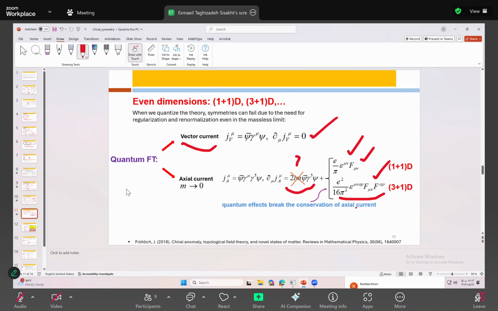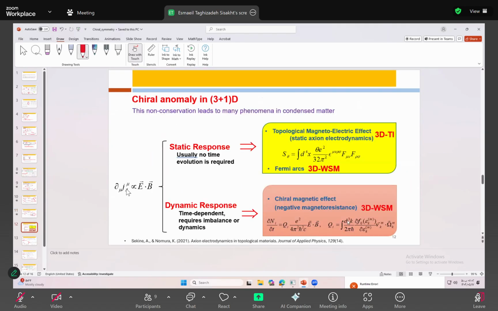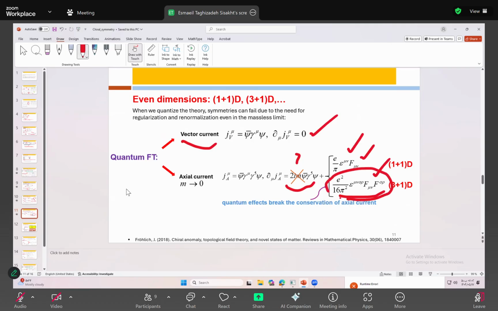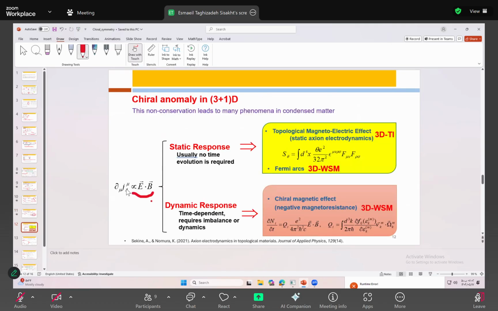Okay, so these anomalous terms have a major role, a very important role, in the topological properties of materials, for different properties of those materials. For example, this interaction that is equivalent to this one, E dot B here, is the source of many unusual or topological properties.